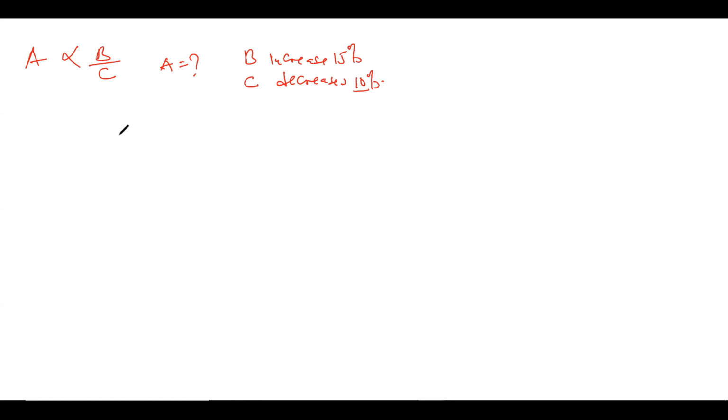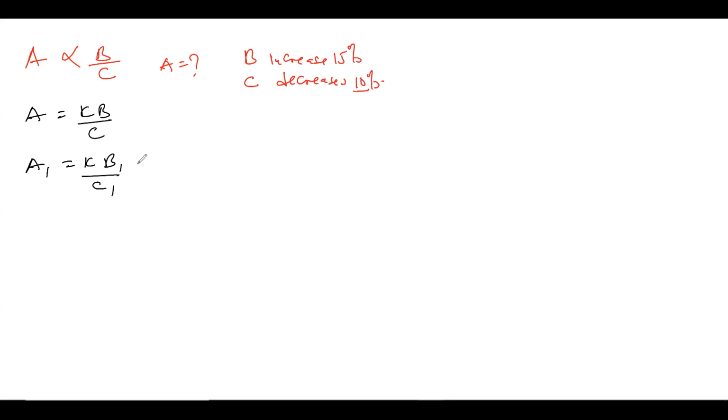The process will be, first of all, rewrite this statement to get that new statement. And that new statement will be A equals to KB over C. That's the first. Then there'll be a new relation between A, B, and C after the increase. And that new relationship will be A1 equals to K B1 over C1. Hope you're following.